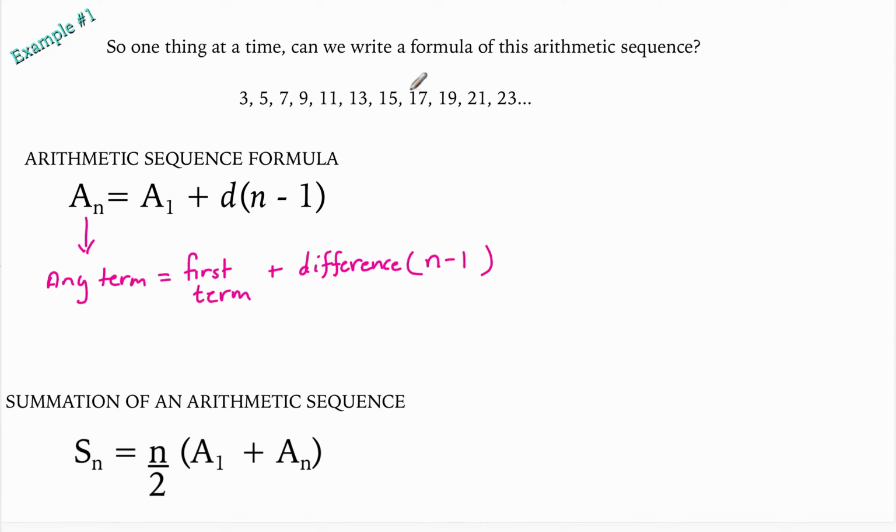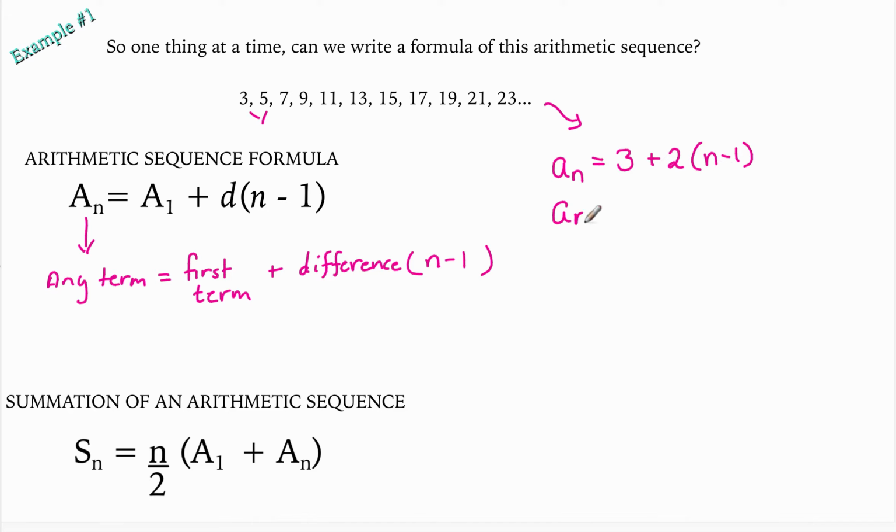Let's use this example right here. The formula would be, to find any term, I start with the first term, which is 3, and to 3, I'm adding on 2, n minus 1 times.